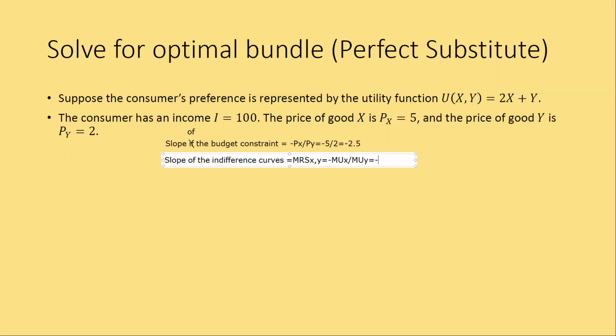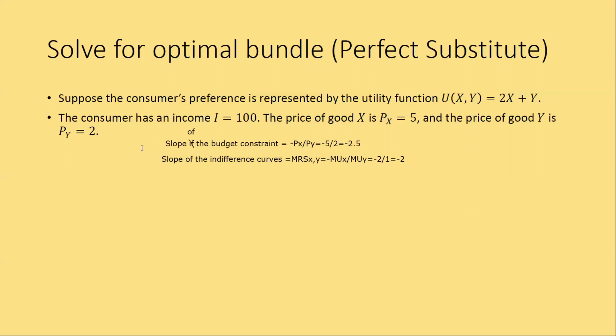And given this utility function, the marginal utility of x is constant. It is 2 if we take the partial derivative of our utility function with respect to x. And the marginal utility of good y is also a constant, that is 1. So this MRS is negative 2 divided by 1, which is negative 2.